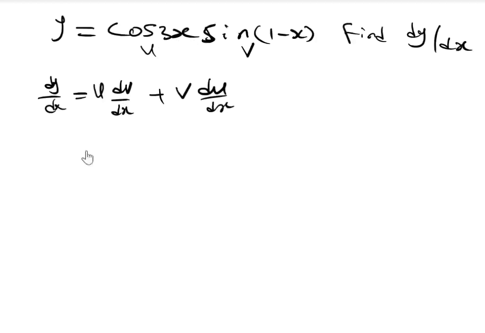So let u be equal to cos 3x and du/dx. For us to solve this, we have to make some assumption too, because this is a function of a function, chain rule.